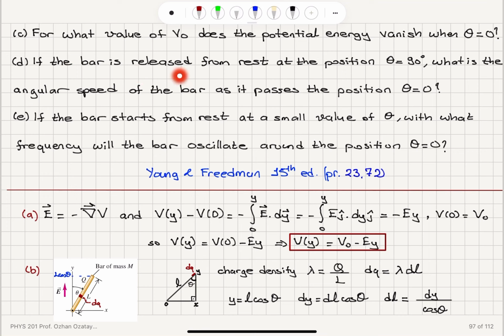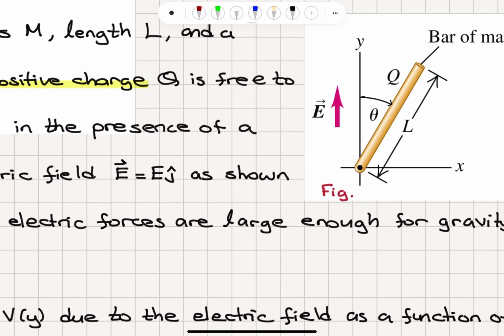Let's look at part D. If the bar is released from rest at the position theta equal to 90 degrees, what is the angular speed? So I want to know the angular speed of the bar as it passes the position theta equal to 0 degrees. You can see that this is released from rest at theta equal to 90 degrees, here.